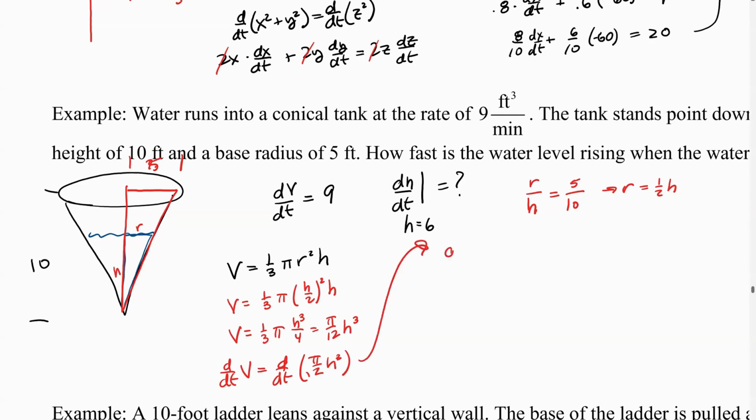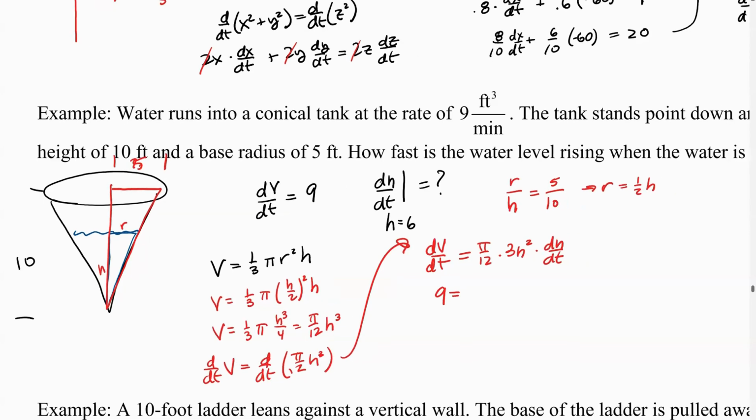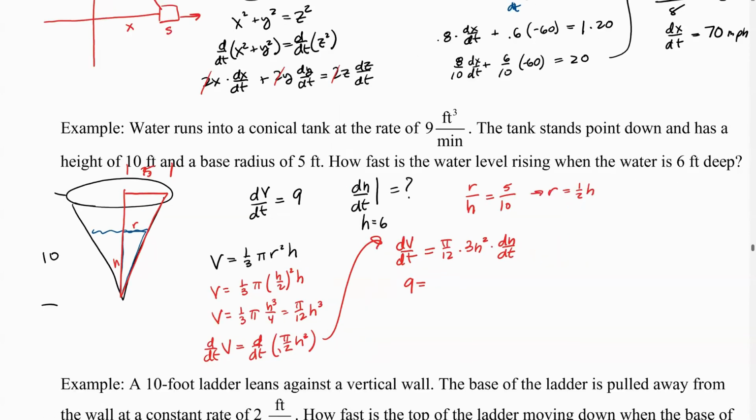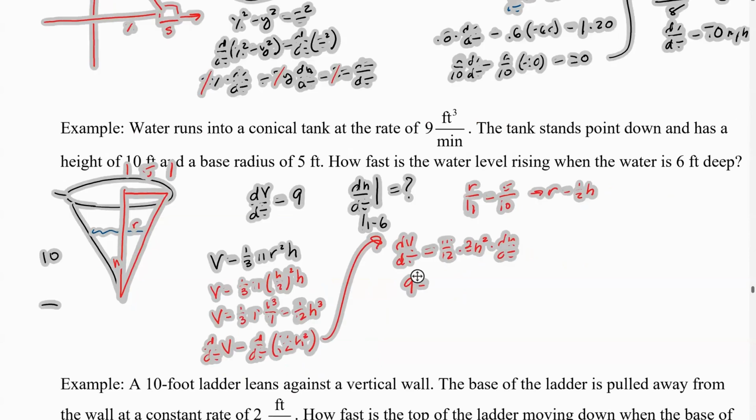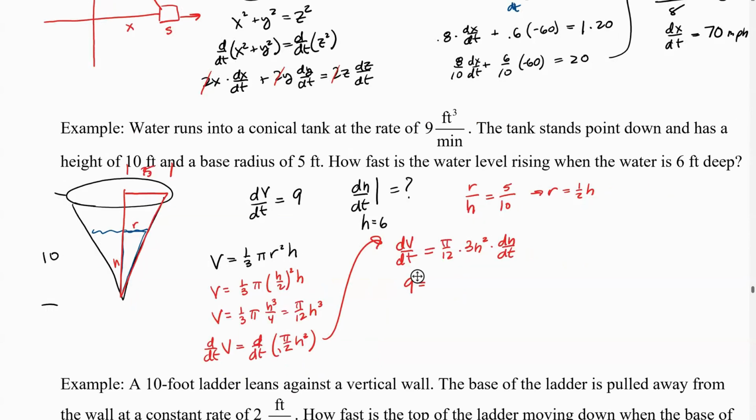And we get that dV/dt is equal to pi over 12 times 3h squared dh/dt. What do we know? We know that dV/dt is 9. And we want to know how fast the water level is rising when it's 6 feet deep. So we're going to say that 9 equals pi over 12 times 3 times 6 squared times dh/dt.